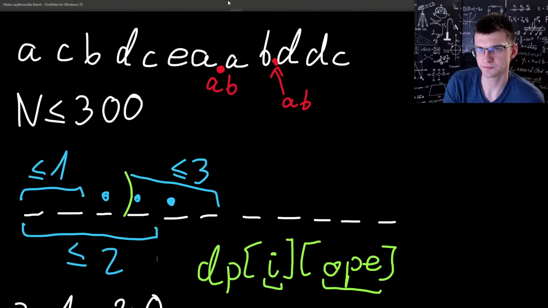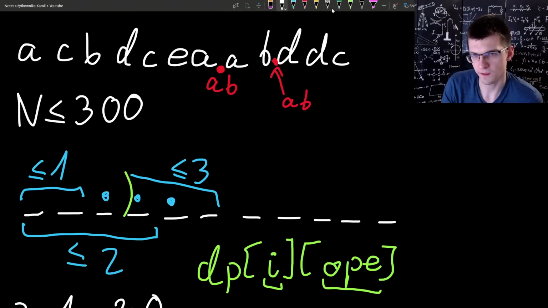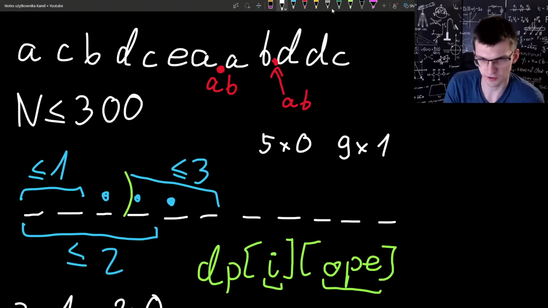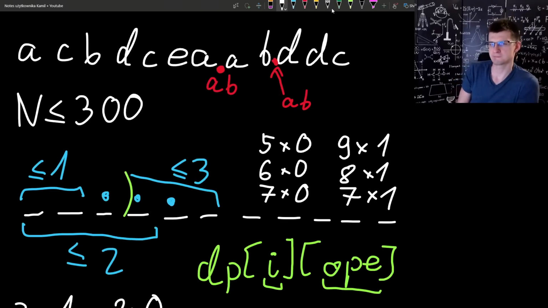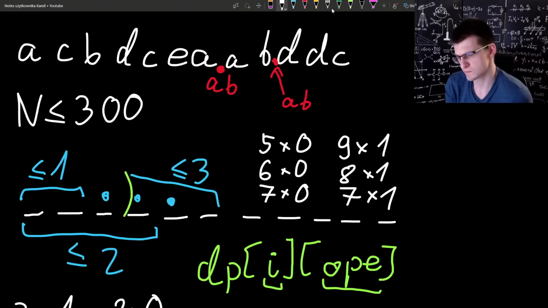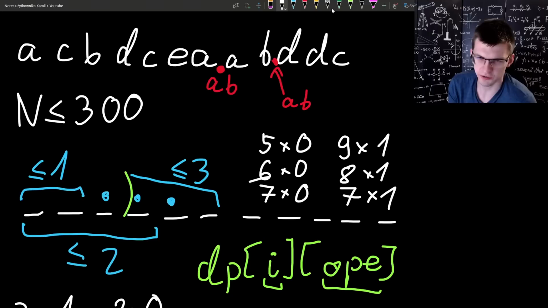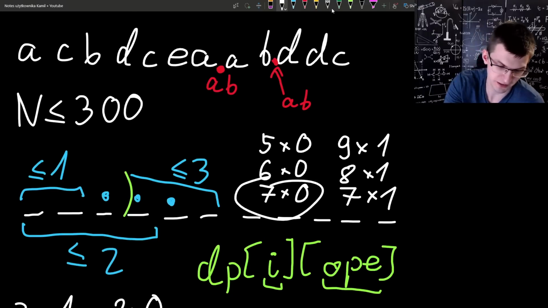If 5 zeros and 9 ones can survive, but also 7 zeros and 7 ones, then I claim that 6 zeros and 8 ones can survive as well. Something like that. Maybe for every number of zeros I just care about the maximum number of ones that can survive.